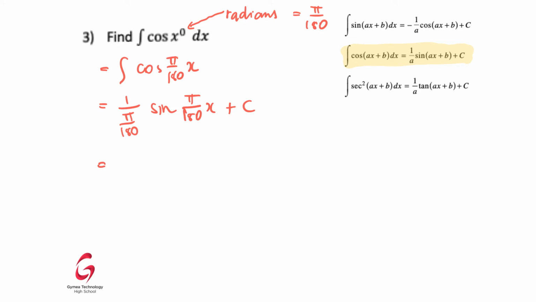Remember, we've got a fraction divided by another fraction, so we flip or use the reciprocal and multiply. So it's going to end up being 180 on pi sine pi on 180 x plus c. And just to return this question to its previous form, we're just going to express our answer like so.